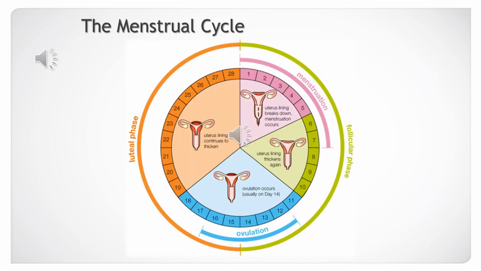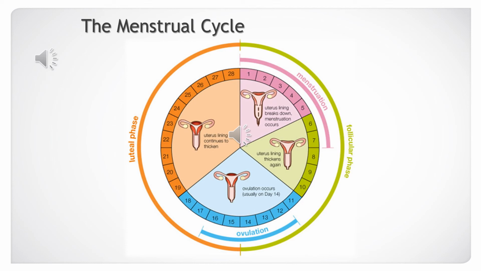Let's begin to discuss the menstrual cycle. In essence, there are 2 purposes of this cycle. One is the development of a mature egg, and the second part is the preparation for the housing of this mature and fertilized egg to be implanted into the uterus.